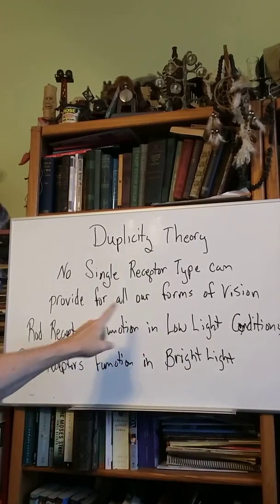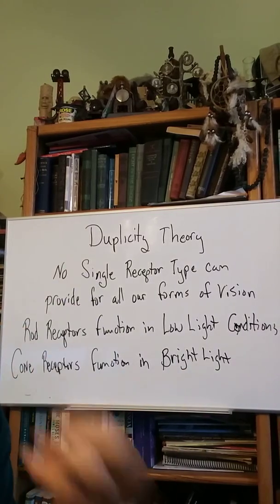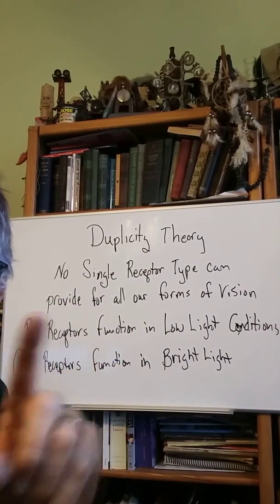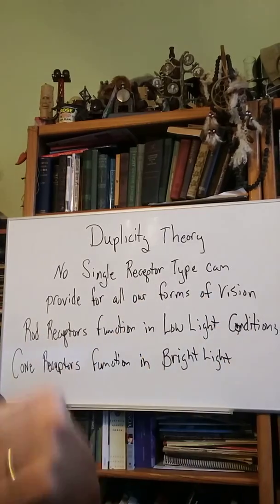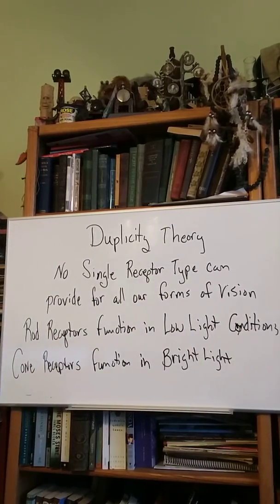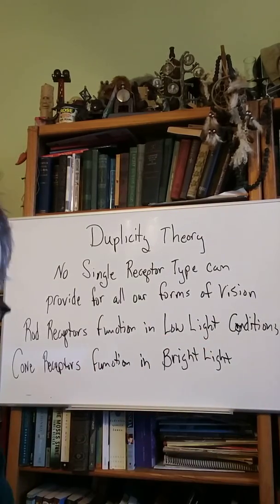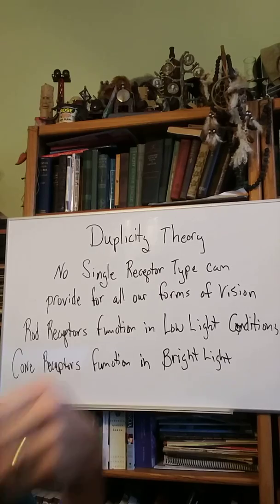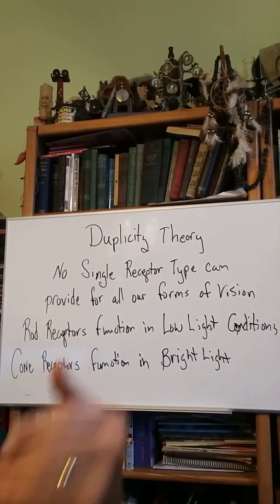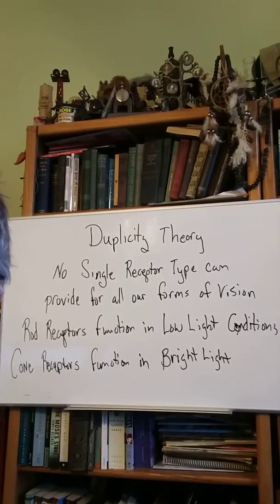And also, you can see the different colors. So this gives us the clear critical vision and color vision, because your brain knows that those individual cones are only going to send a signal if they're seeing the yellow-orange light, or the green light, or if they are responding to blue light. So this is called the duplicity theory of vision.